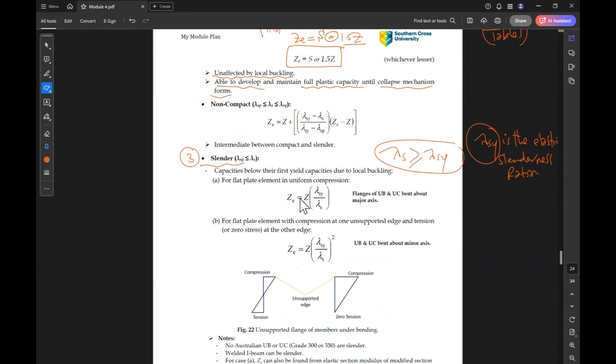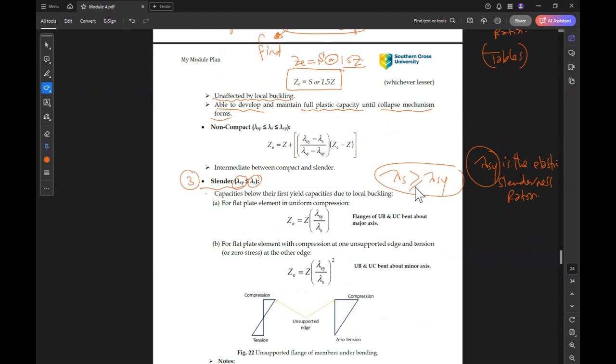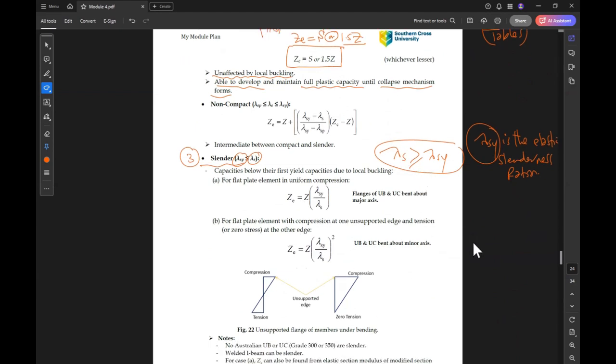So we will again find lambda s and compare it to lambda sy. If lambda s is more than lambda sy, the capacity is below the first yield capacity due to local buckling. So in this case, the member is slender and local buckling occurs.